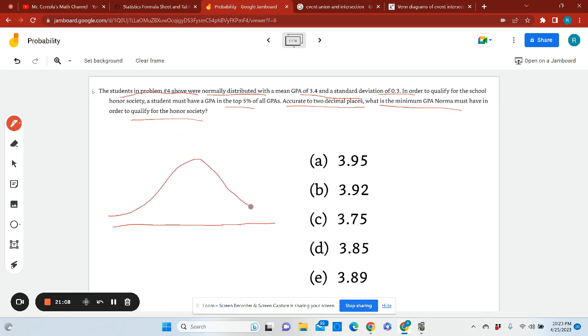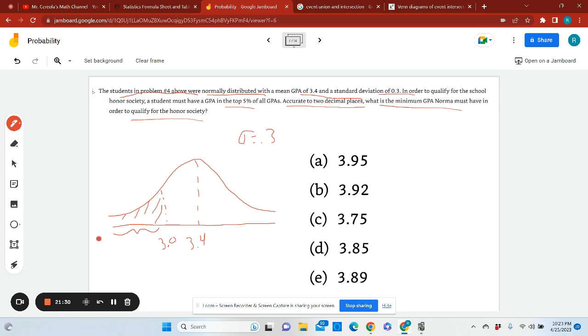All right. They tell us we're dealing with a normal distribution centered at 3.4. They tell us again the standard deviation is 0.3, except this time, instead of, in the other question, they gave us a cutoff. They said, what's the probability of choosing someone who has less than a 3.0, right?